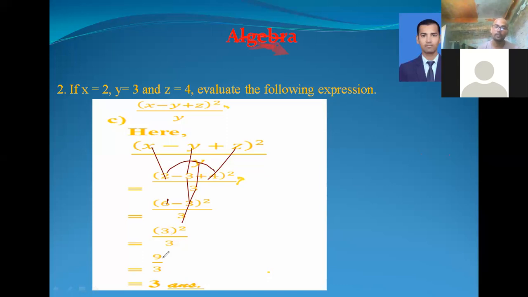So here 9 by 3. Okay. And after cancelling 3 from 9, we have the answer 3. In this way, you can solve the answers of other expressions as well by replacing their values.